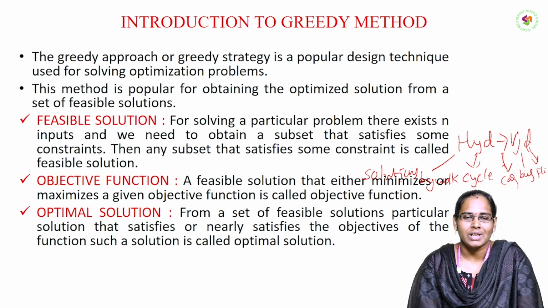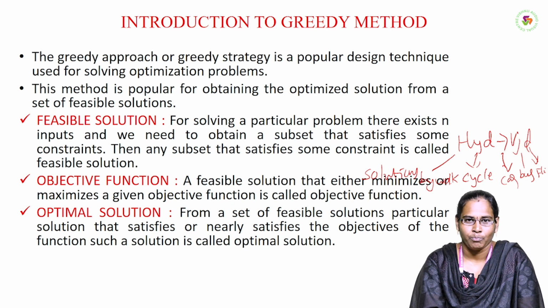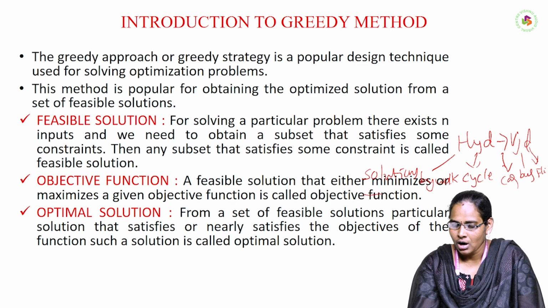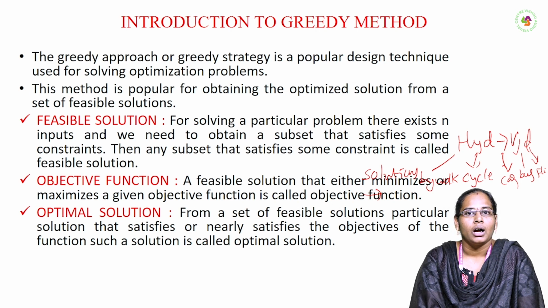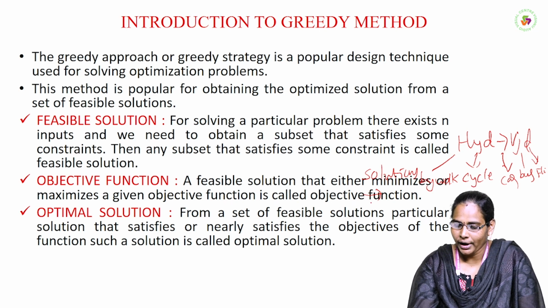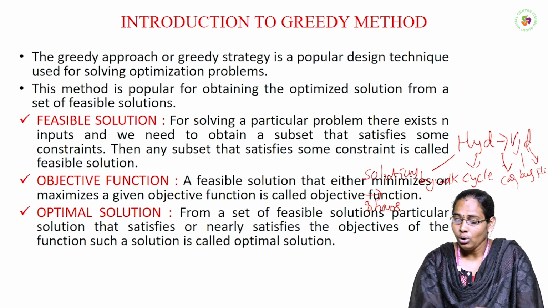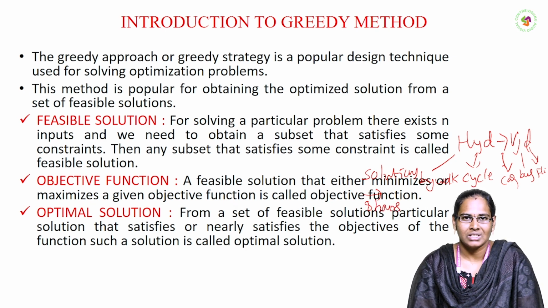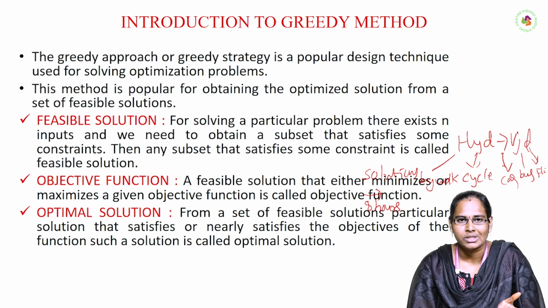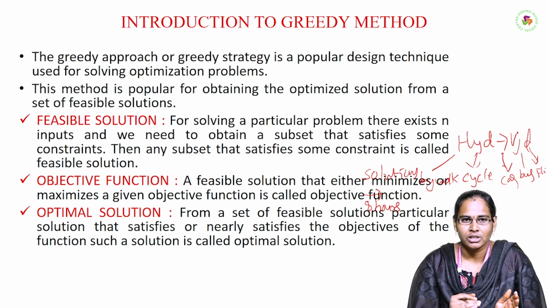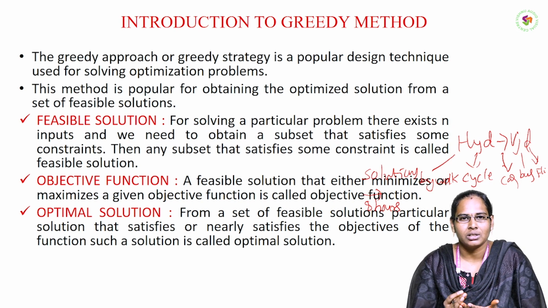Among these solutions, I am applying one constraint. What is that constraint? I want to reach Vijayawada within 8 hours. So now what are the possible solutions we have? Among all those possible solutions, I filtered some by applying the constraint of 8 hours.